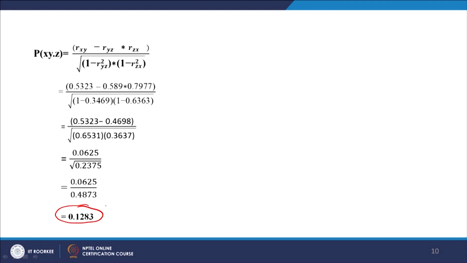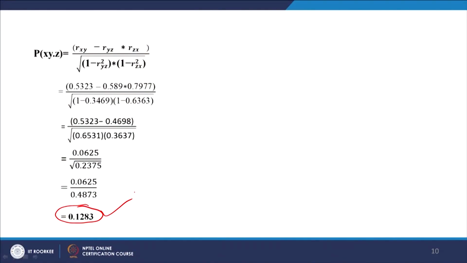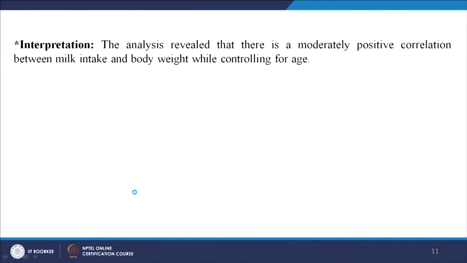That means when we are trying to find out the change in weight due to the intake of milk, by controlling the age factor, we see that the partial correlation is coming 0.1283. So, the interpretation is that the analysis reveals that there is a moderately positive correlation between milk intake and body weight while controlling for age.